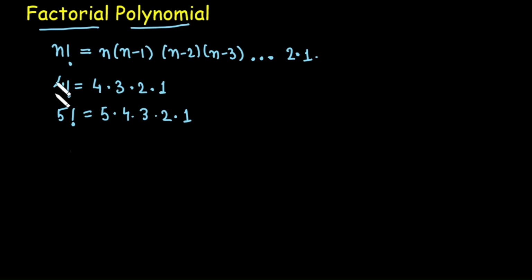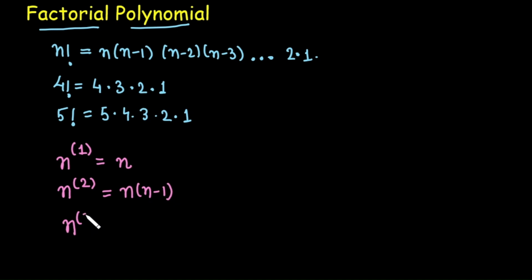How? Factorial polynomial means when I say n raised to power 1 factorial, it means we need a polynomial with the help of factorial, and from here we will just take one term, that is first n. When we write n raised to power 2 factorial polynomial, it means we need a polynomial from the factorial by taking only first two terms, that is n, n minus 1.